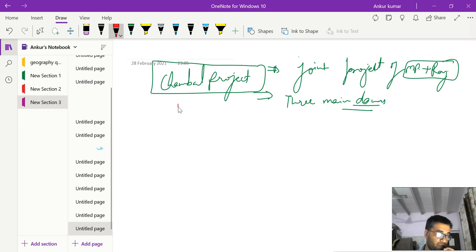Number one is the Gandhi Sagar reservoir.